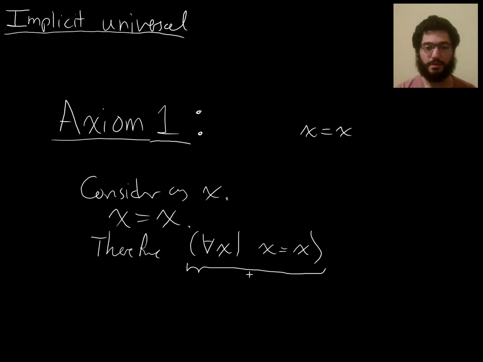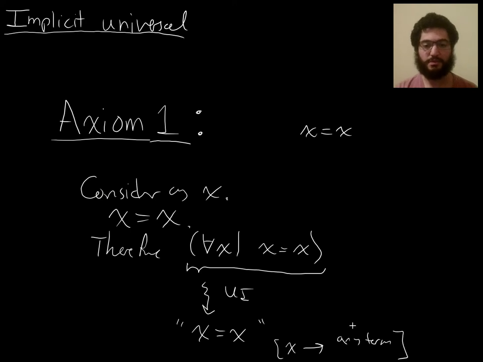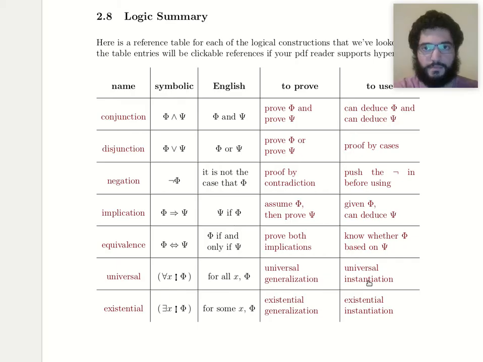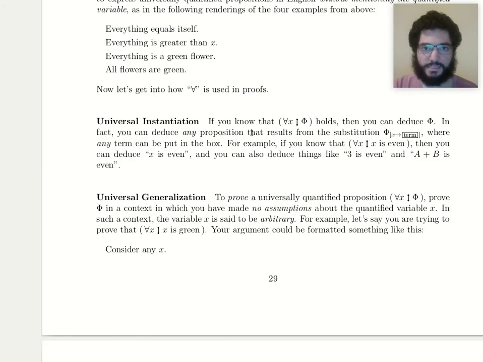So you can deduce from this, using universal instantiation, that the proposition X equals X is true when you replace X by any term that you want. Any term that you want. So let me show you what I'm using for this. I'm just doing a universal instantiation, which says if I know for all X phi holds, then I can deduce phi, but in fact I can deduce phi with the X, whatever variable was quantified here, replaced by any term that I want.